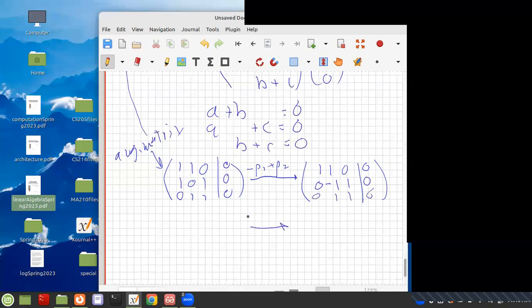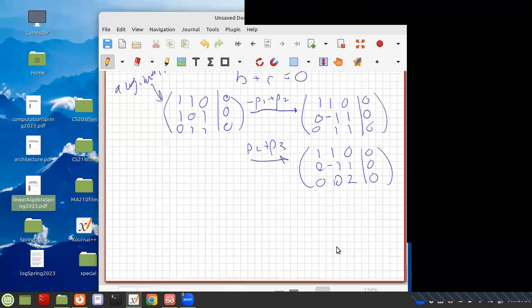Then we can do row 2 plus row 3 to bring it to echelon form. Because if we add rows 2 and 3, that's going to give us 0, 0, 2, and 0, right? Now you notice here that for this system, this is an echelon form and all variables are leading.